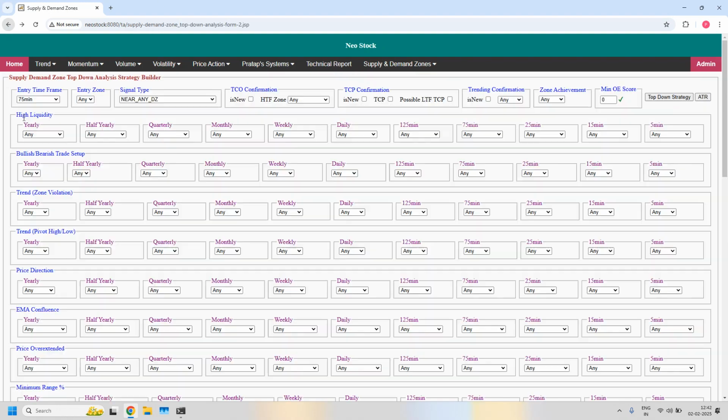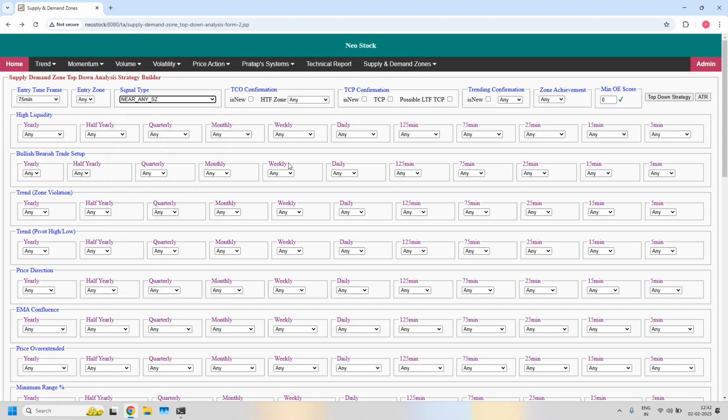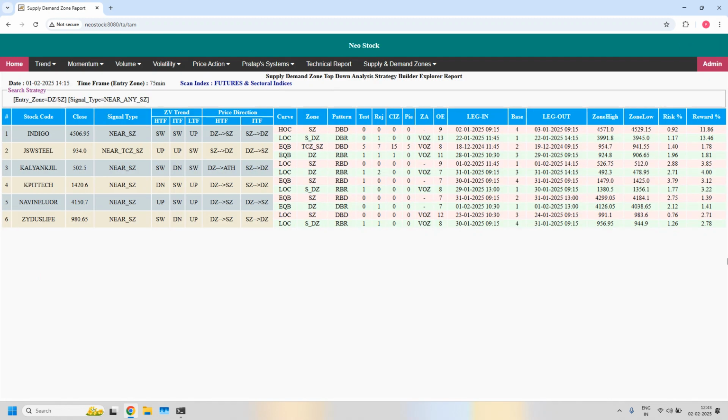Next, for the 75 minutes time frame, let us find the stocks near the 75 minutes supply zone. We got 6 stocks. Let us identify high liquidity supply zones from this list. No, we don't have any high liquidity supply zones from this list.